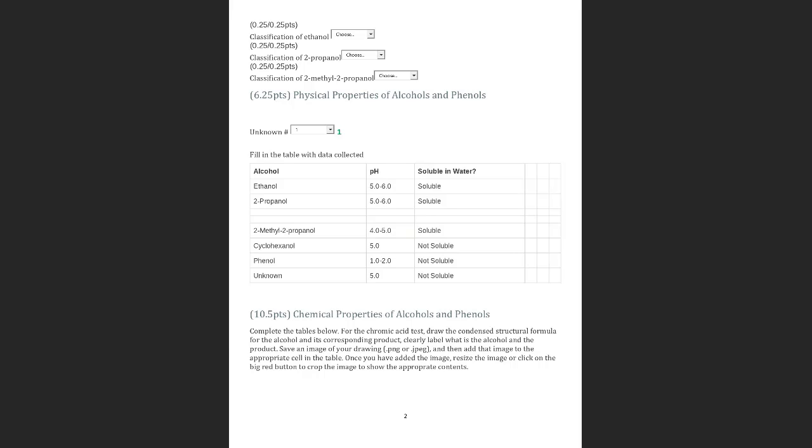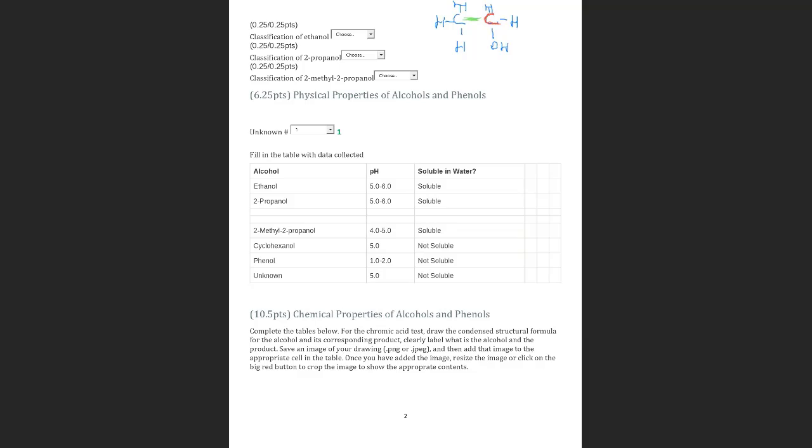We saw that ethanol, for example, the carbon bearing the OH group is bound to just one carbon. So then ethanol is going to be primary. And then you do the same for the other two.